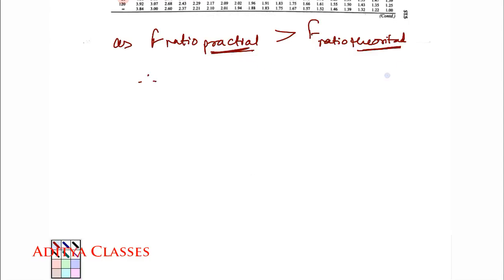And whenever practical value is less than theoretical value, null hypothesis is accepted. So in our case, as practical value is more, so we will be rejecting our null hypothesis. As F ratio practical is more than F ratio theoretical, therefore null hypothesis is rejected.